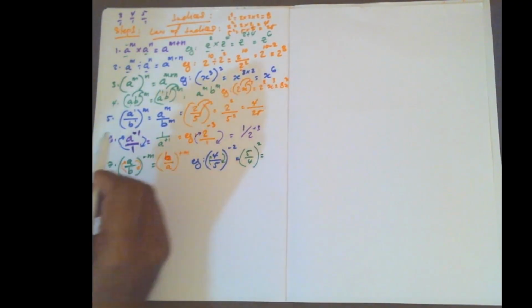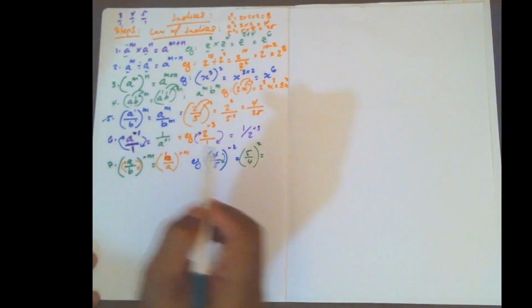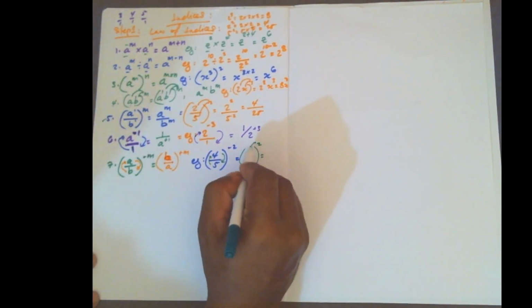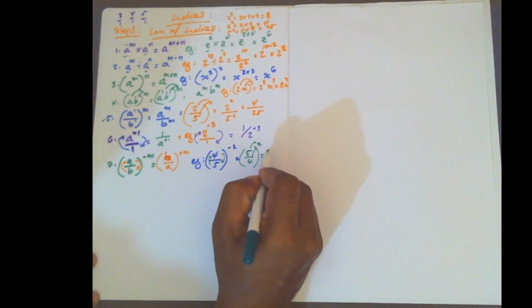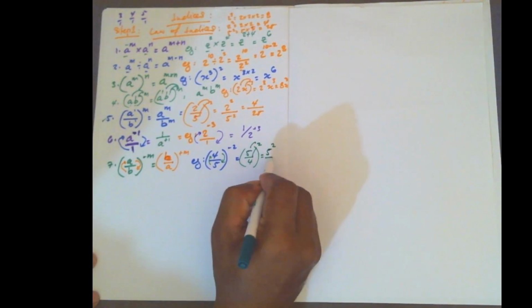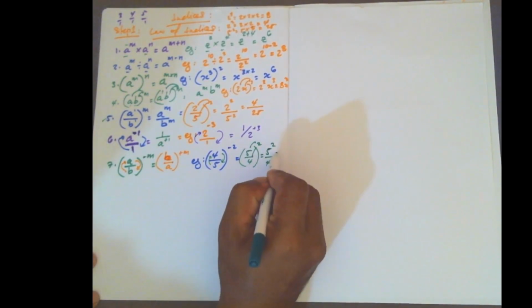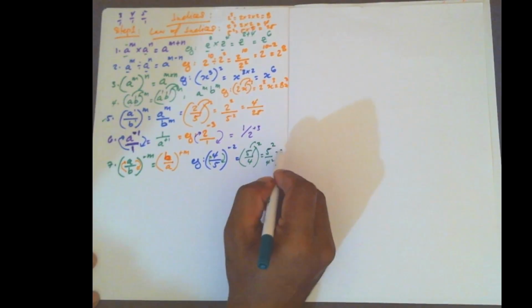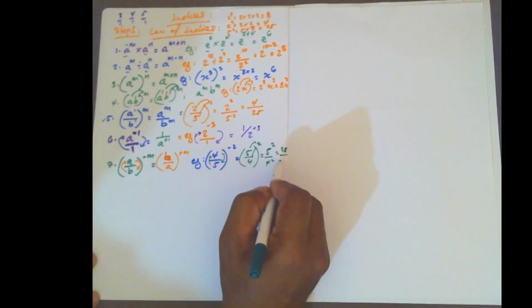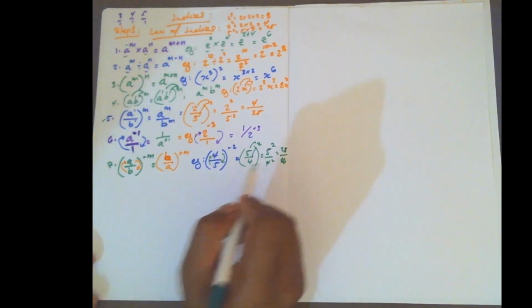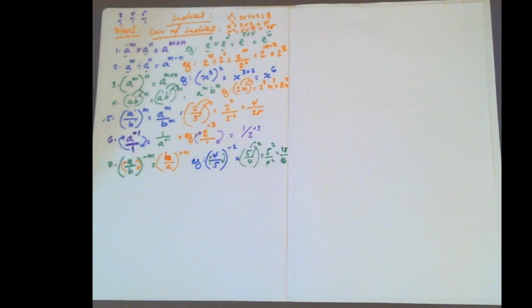And according to law 5, this power goes to both of them. So this is 5 squared over 4 squared, and 5 squared is 25 over 4 squared is 16. We need to simplify to the value that we cannot further simplify.